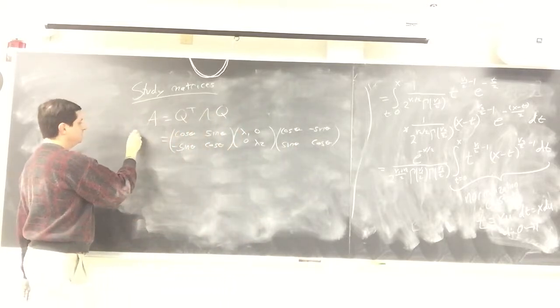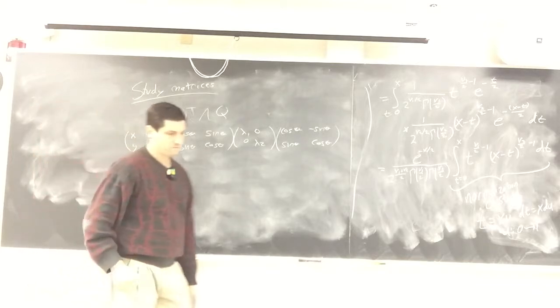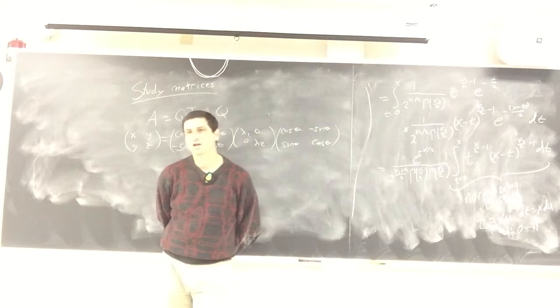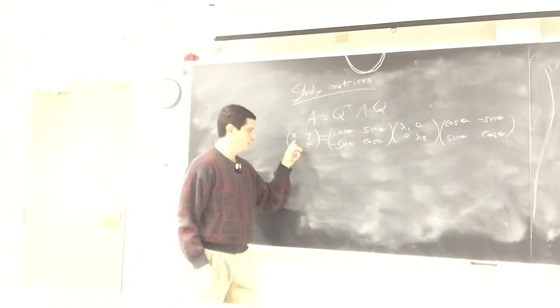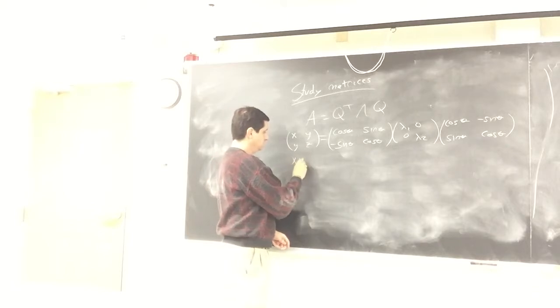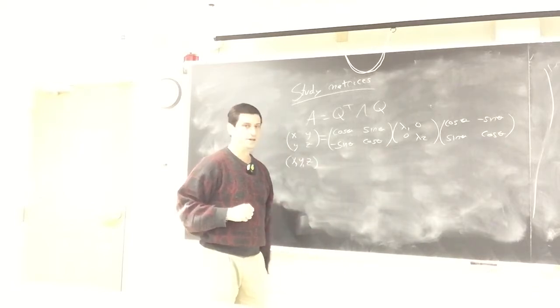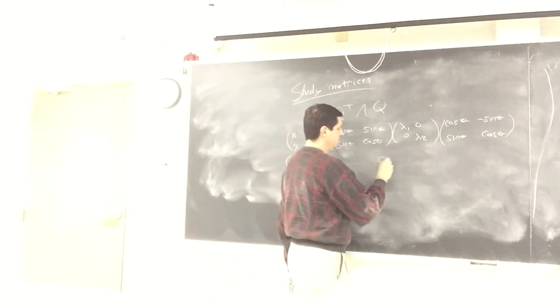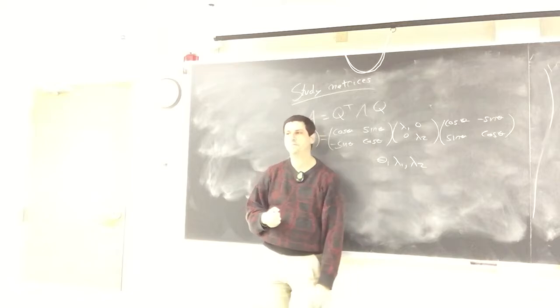And just for convenience, I'll write this as x, y, y, z. Yep. Okay. So here's my 2x2 matrix. Here are my three free parameters, x, y, and z. Over here, my parameters are theta, lambda 1, and lambda 2.